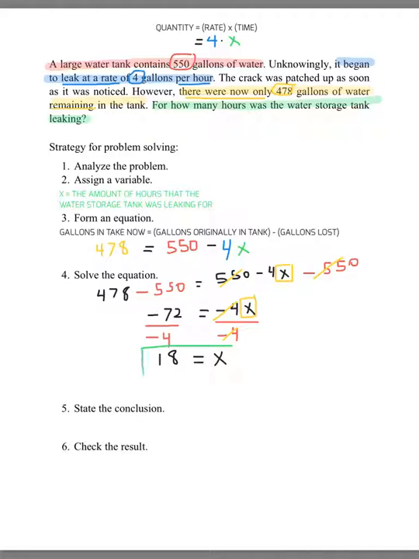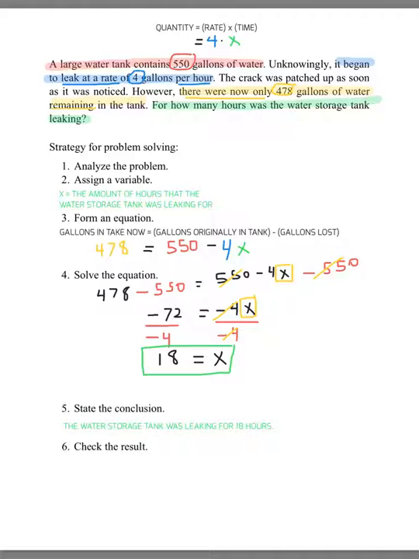So now that we know the value of x, let us state our conclusion clearly. So keep in mind the question that was asked. The question was, for how many hours was the water storage tank leaking? So we'll say that the water storage tank was leaking for 18 hours.